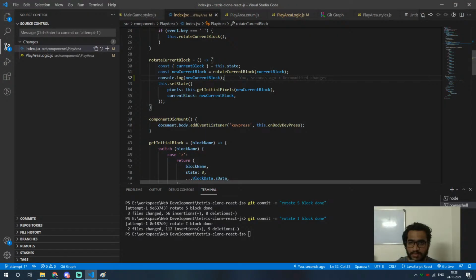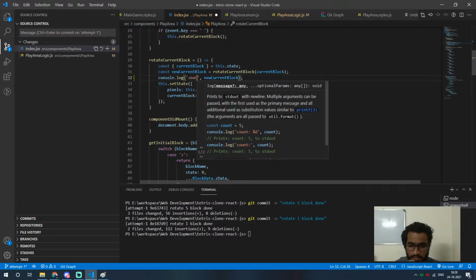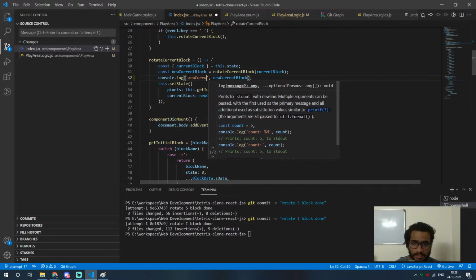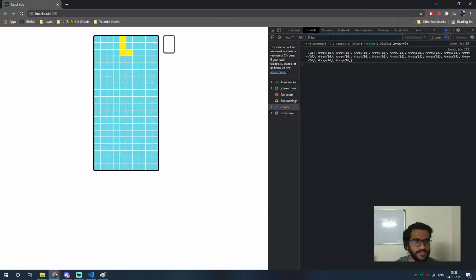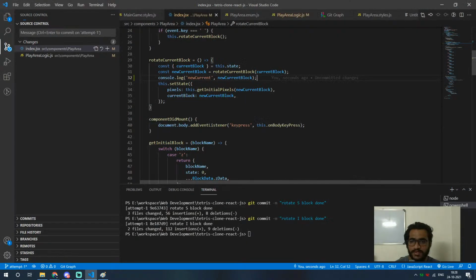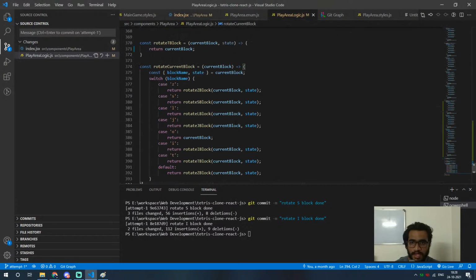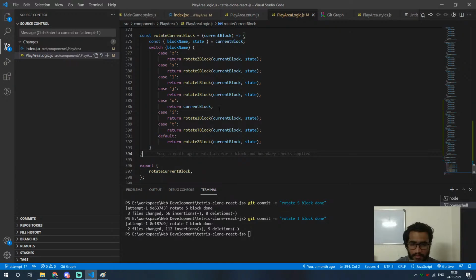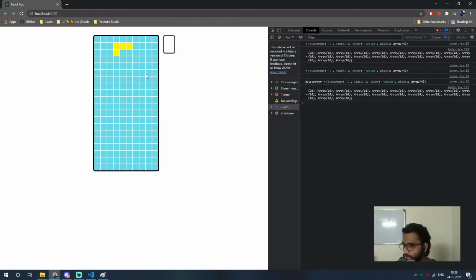Don't ignore this. New current, I'll tag it with a name so that I can get the latest whenever I want. So let's work on the L block rotation. The 0 to 1 rotation is working fine.